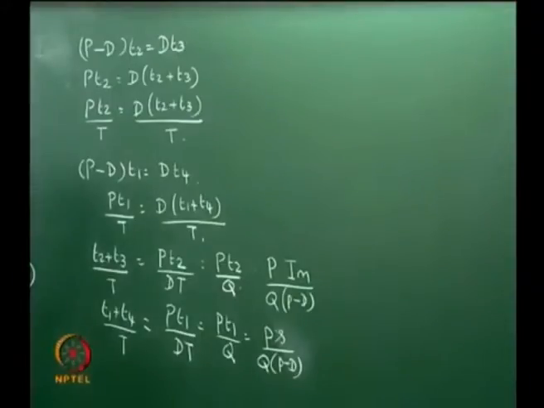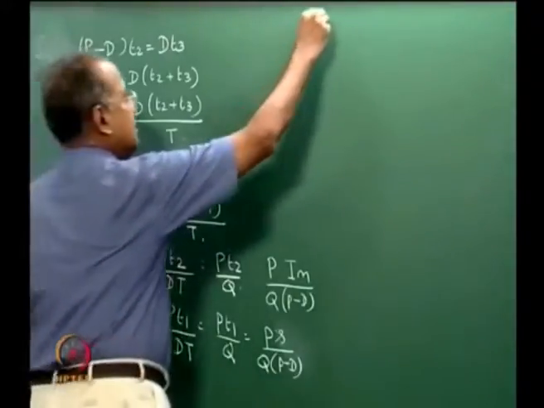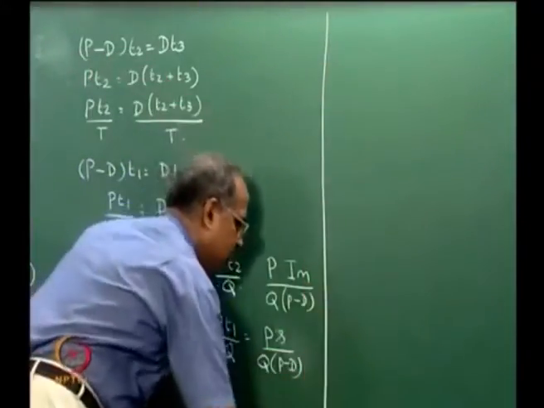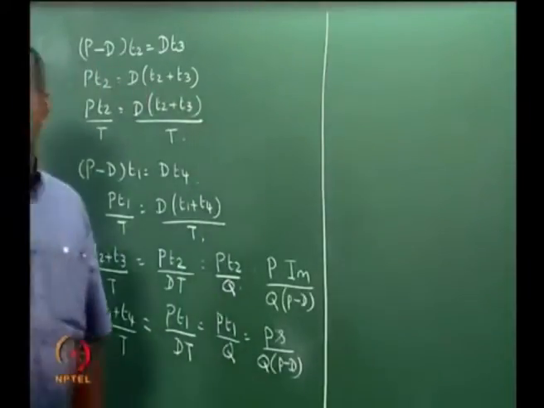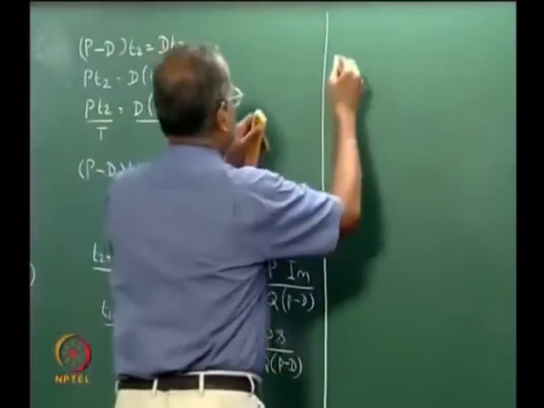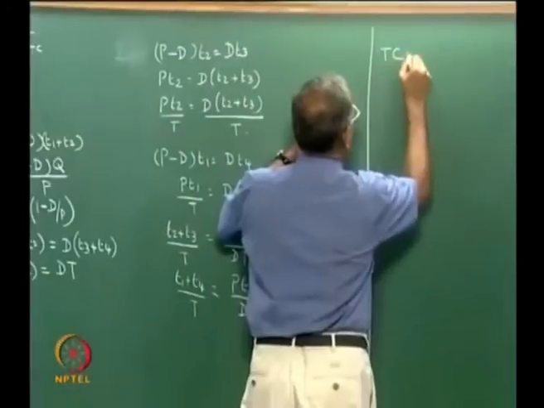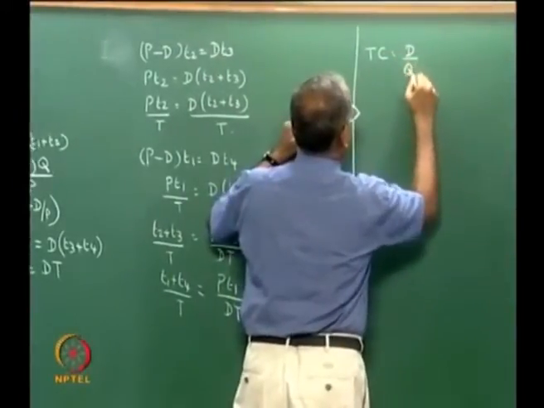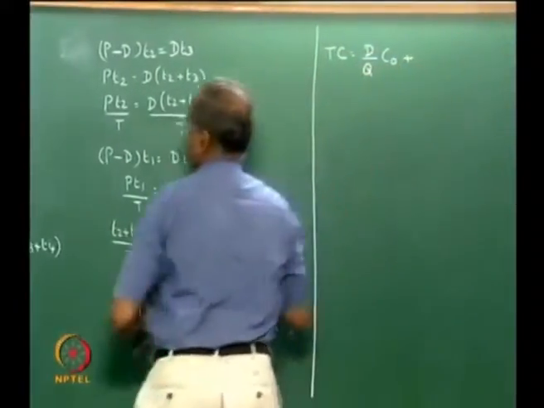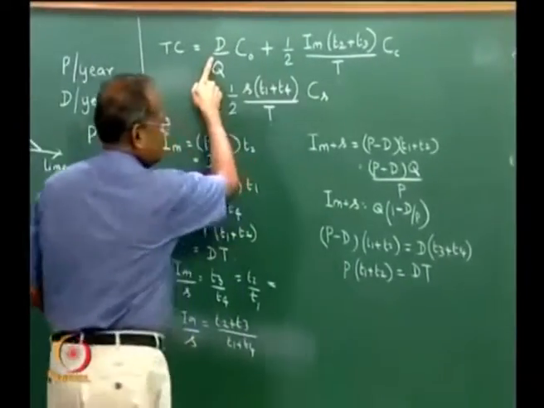So, now we have derived all these expressions that relate all of them. All we now need is to substitute them. So, when we substitute, you get Tc is equal to d by q C naught, that comes from here.